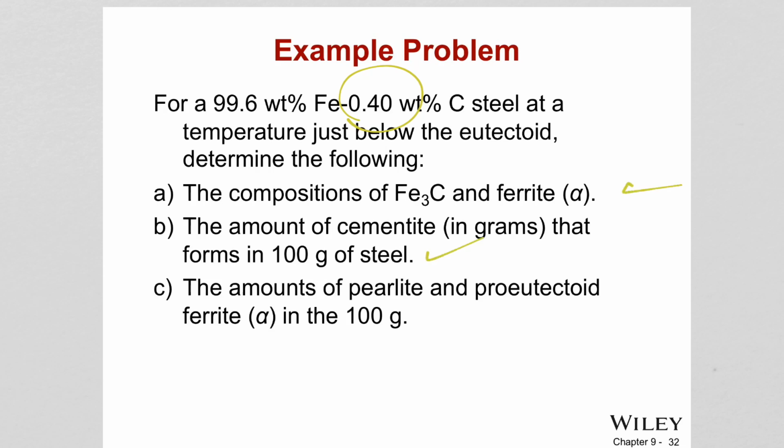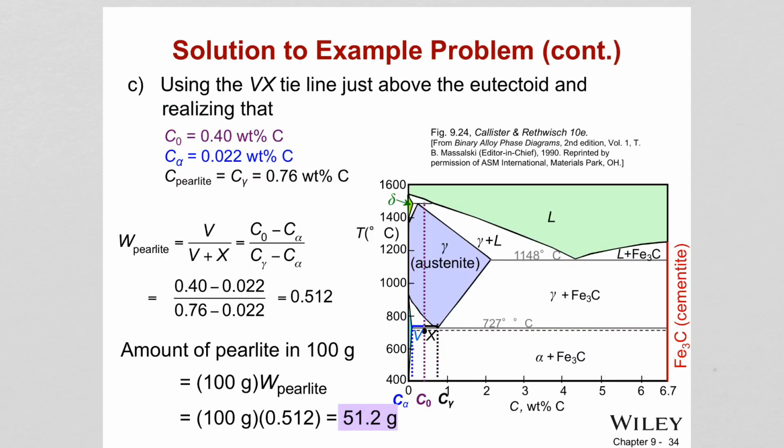We figured this out. The amounts of perlite and pro-eutectoid ferrite in 100 gram. Okay. So now you gotta remember. Here we had gamma and alpha, and when we cool it down below eutectoid, this gamma formed cementite and alpha ferrite, but also alpha remained in the structure.